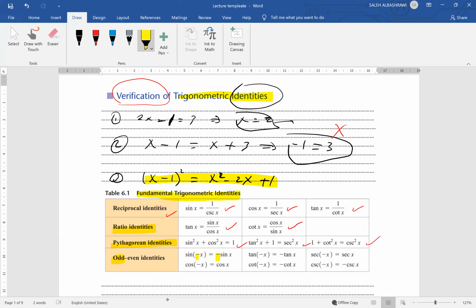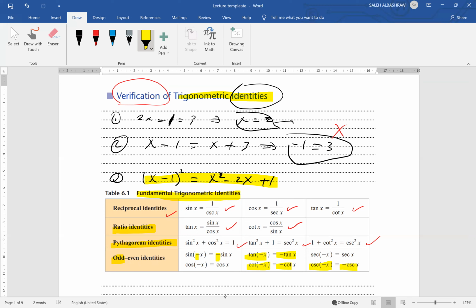This type we call it odd function. And we have tangent minus x equal to minus tangent x. Cotangent is minus cotangent. Cosecant is minus cosecant. These are odd identities.